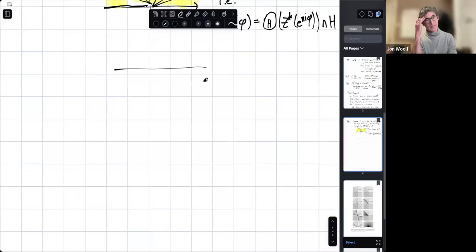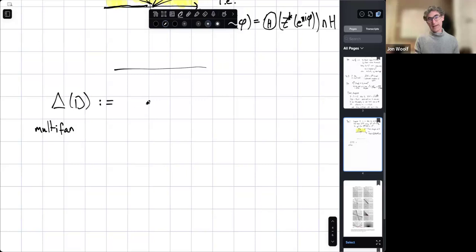So far, everything has been: fix a heart, you get a fan, and you can look at stability functions on that heart. But it's also possible to look at a multi-fan, so some more complicated object associated just to the triangulated category and not to any given choice of heart.